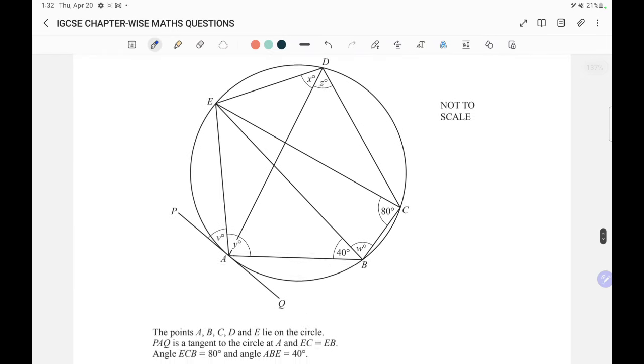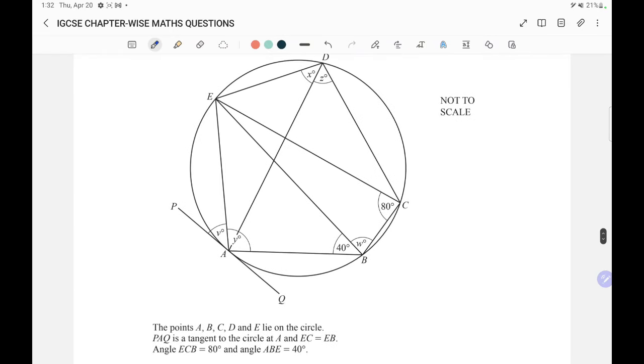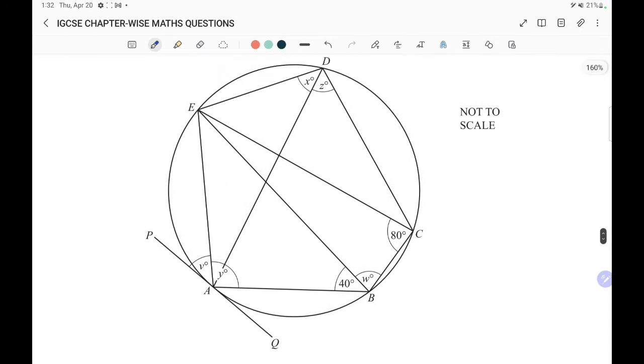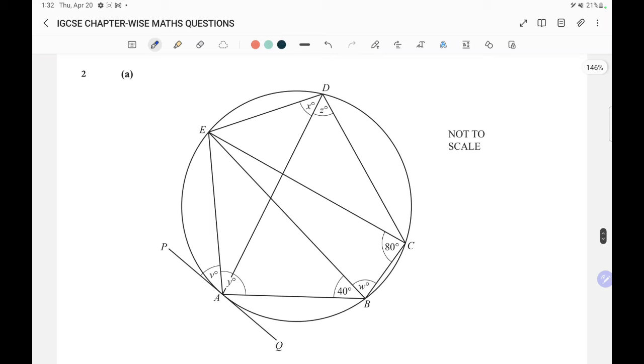Okay, now second question that says, many things we need to find. So how can we find that, guys? So if we talk about this chord, then this chord makes 40 degree here, it will make 40 degree also here. So this is 40 degree.